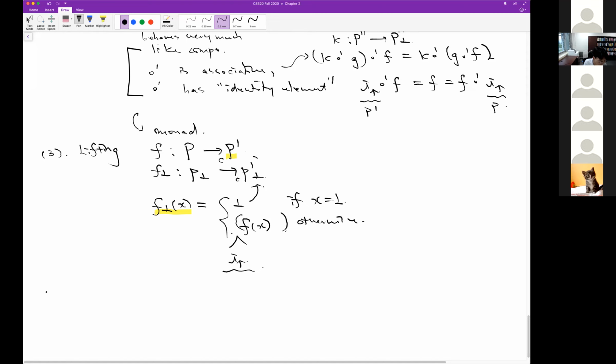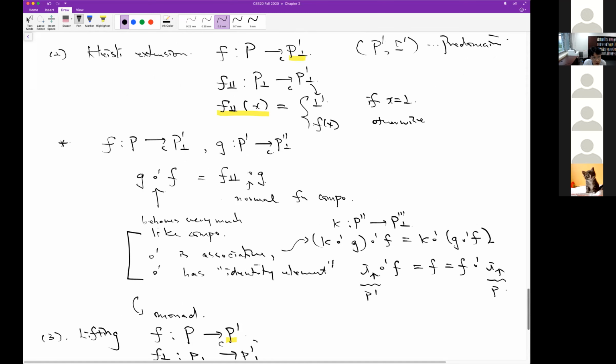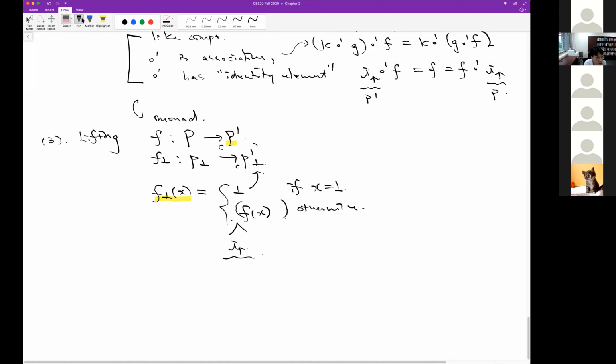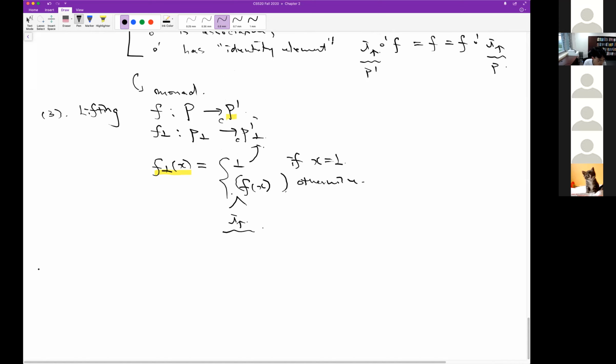Maybe I'll just write a simple lemma, a very simple fact, which is that P bottom with its order is a domain. I already wrote it over there, I guess. Okay, so that's the quick review of domain theory. And now let's use it to define the semantics.